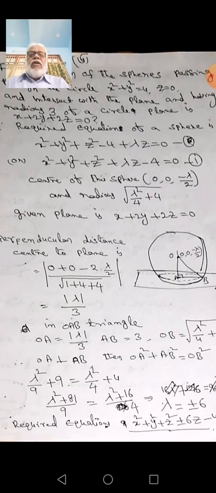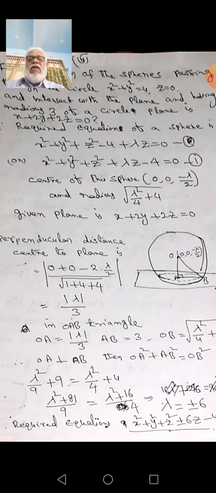x square plus y square plus z square plus lambda z minus 4 is equal to 0. What is the center of this sphere? It is 0, 0 and minus lambda by 2, by using the minus u, minus v and minus w formula.